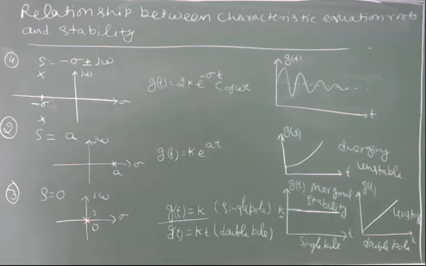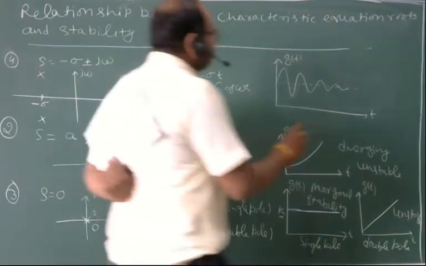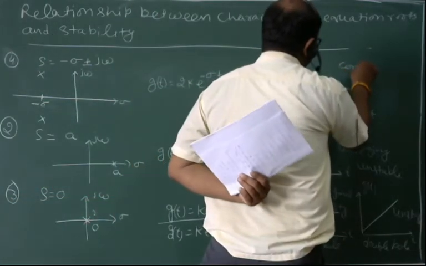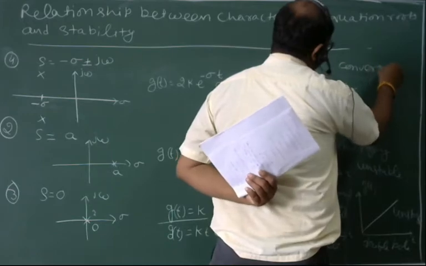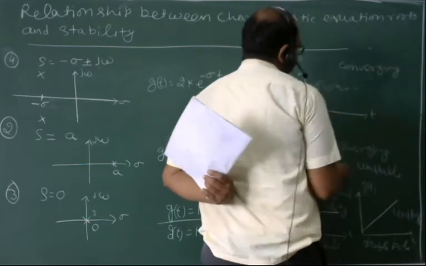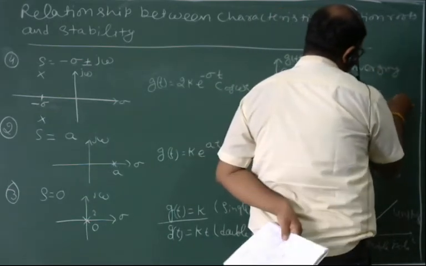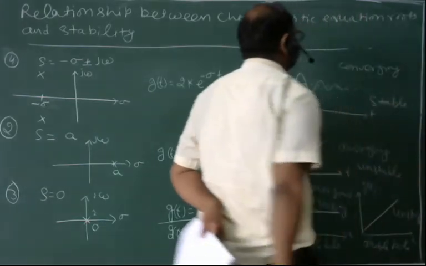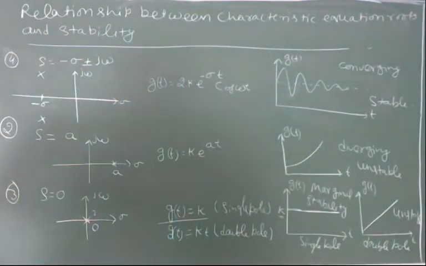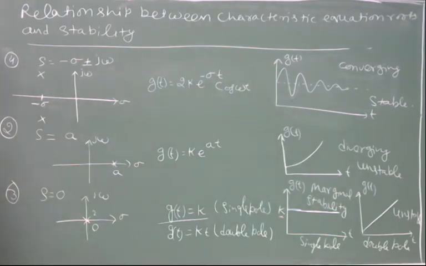Since the graph is converging, the system is stable.